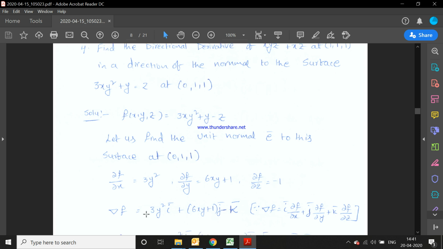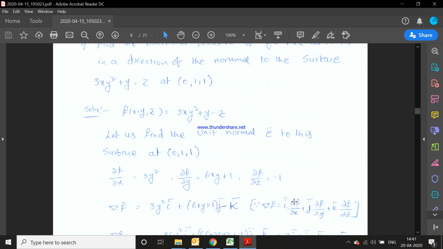Next, the gradient of f is i bar dou f by dou x plus j bar dou f by dou y plus k bar dou f by dou z, that is 3y square i bar plus (6xy plus 1) j bar minus k bar.